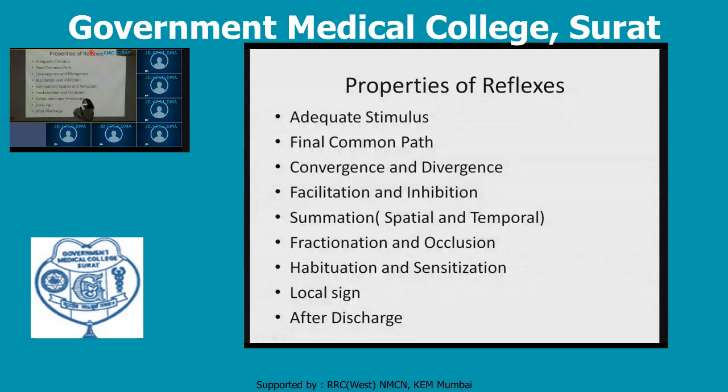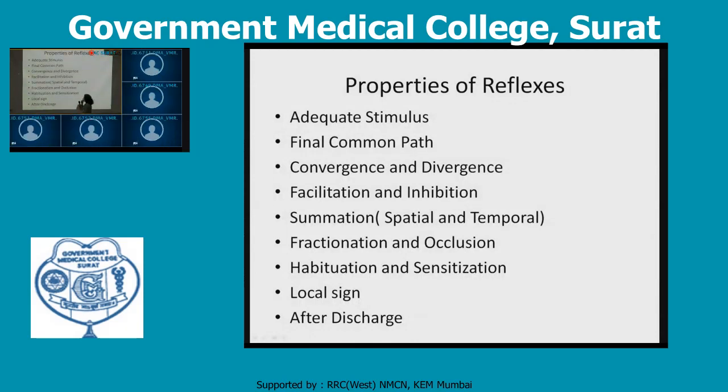Now, facilitation and inhibition. Facilitation and inhibition also occur in the reflex activity. With one stimulus, some of the multiple neurons will fire, but the other neurons will only be stimulated.